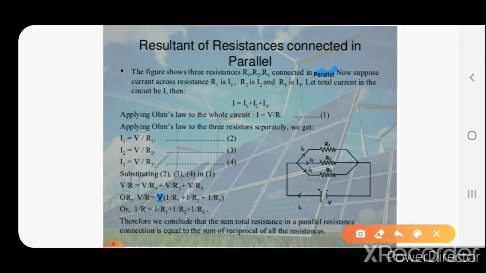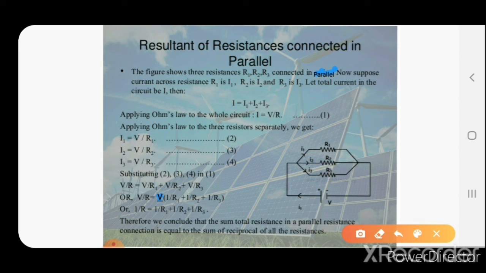So we conclude that the reciprocal of the total resistance in a parallel combination is equal to the sum of the reciprocals of all the resistances. Students, the reciprocal of the equivalent resistance of a group of resistances joined in parallel is equal to the sum of the reciprocals of the individual resistances.